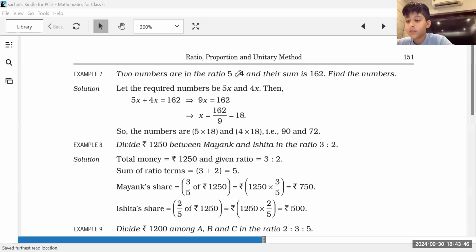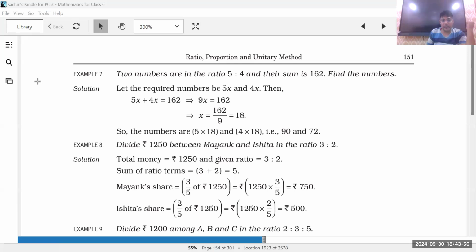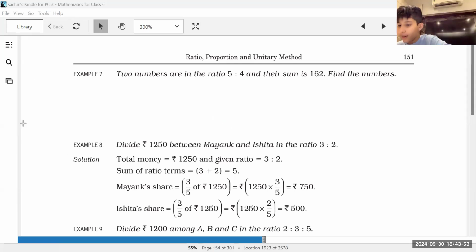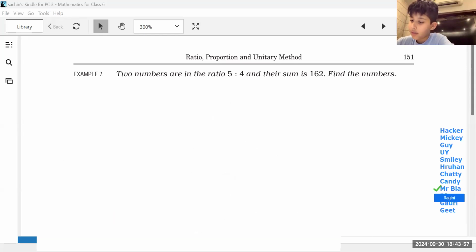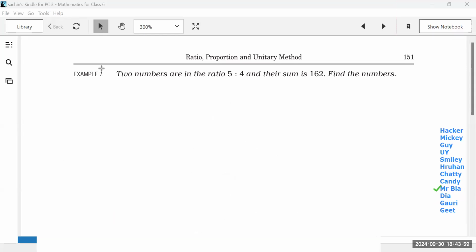So guys, the second method you can do anytime. Right now do the question with the first method. Which method do you think is better? Both methods are good.